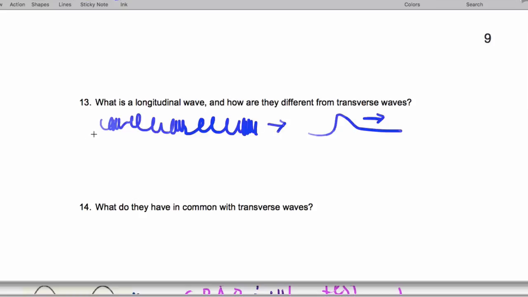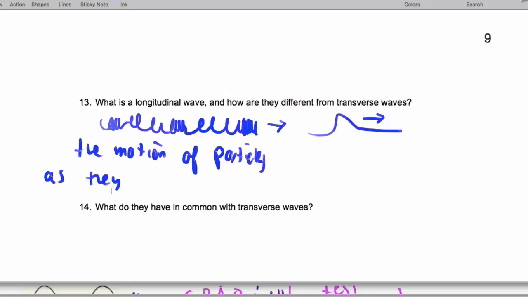Now, longitudinal is where the motion of the particles as they vibrate is the same as the wave motion.